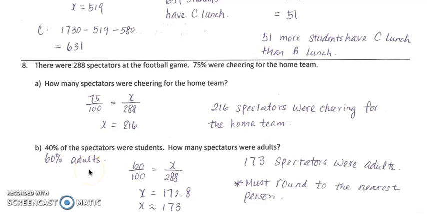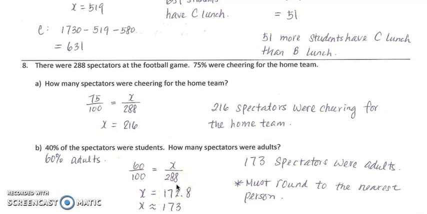For B, 40% of the spectators were students. How many spectators were adults? Well, that means, assuming students are not adults, the opposite of 40%, which is 100 minus 40, 60%, are adults. And then to calculate the number of adults, you multiply 60% by 288, or you can use the proportion.